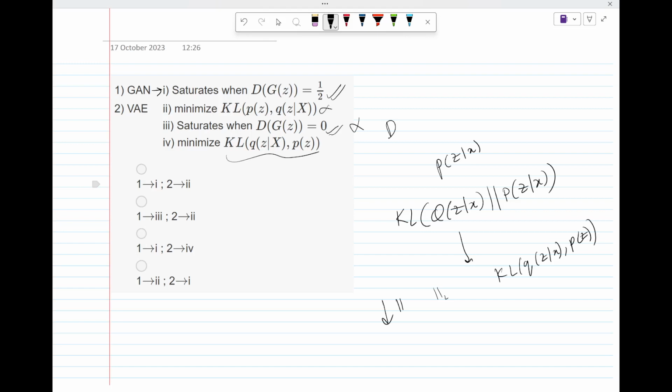So the right answer is this. GAN is 1 and VAE is 4.